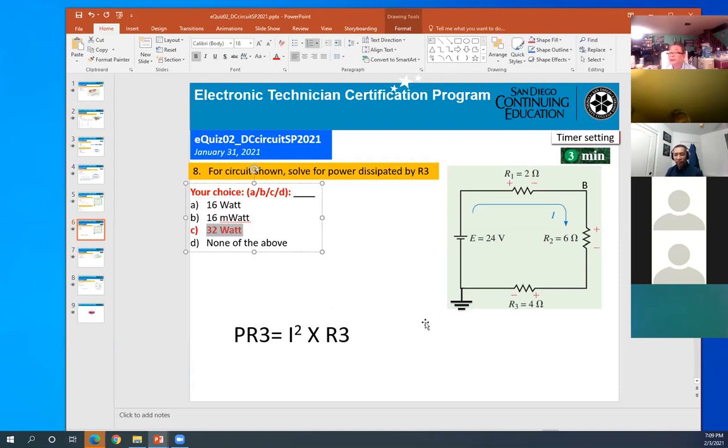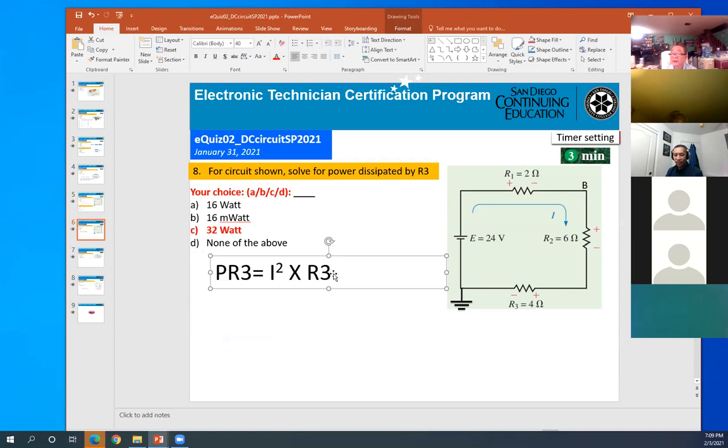So in order to do it, you have to get the current. Current was 2 amps. In other words, it's this formula. You can get I equals 24 volts divided by the total resistance of 12. You get 2 amps, right?